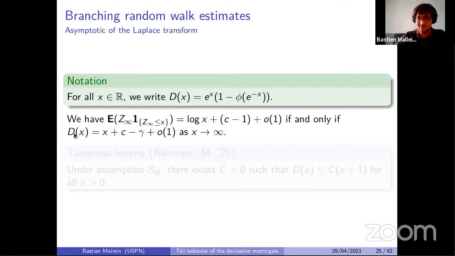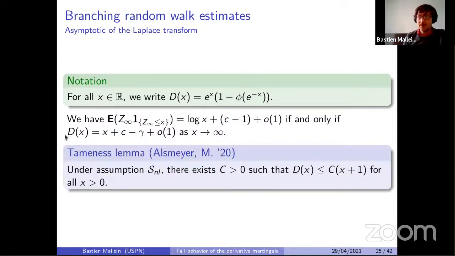So instead of looking at the function phi, I will look at the function D. Now I introduce a tameness lemma. It is known that under the assumptions S and L, there exists a constant such that the function D that I look at here grows at most linearly when x goes to infinity.